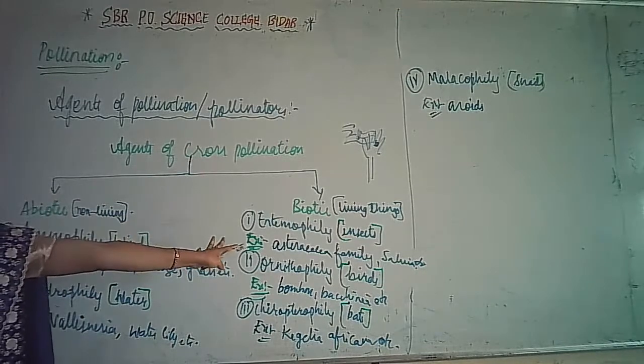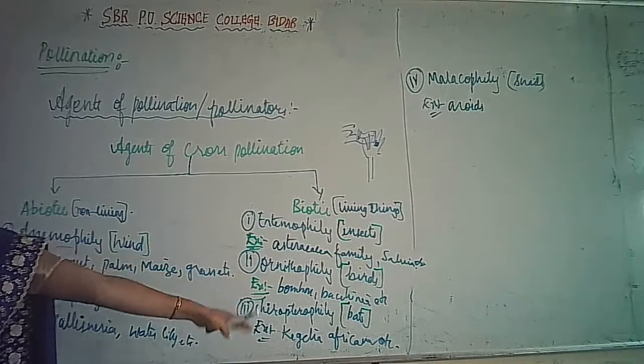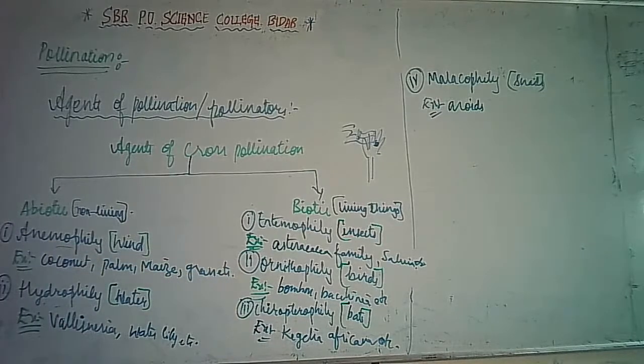What I'm saying, you people are able to catch, isn't it? So that will be taking place, and you know that wheat, paddy, maize, isn't it? These are the examples for the anemophilic plant.